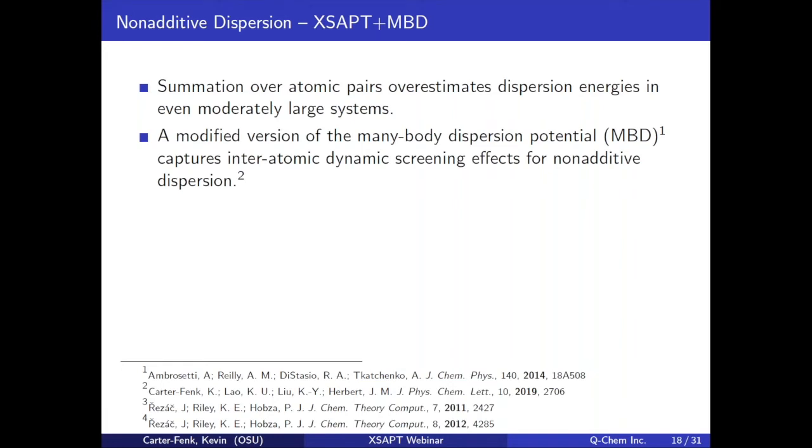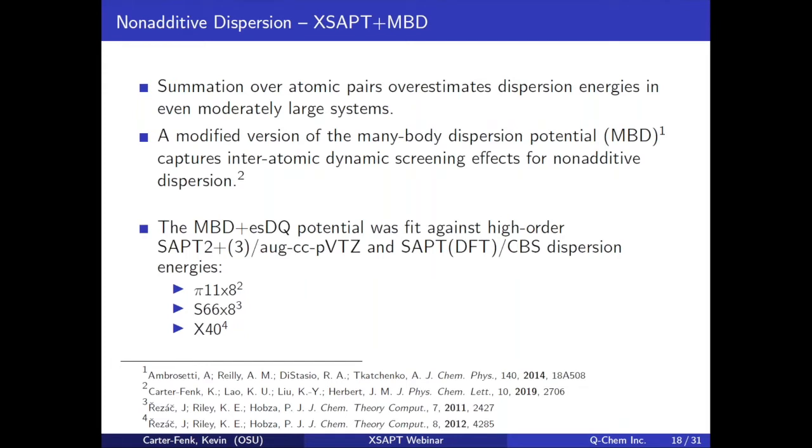And what we have done recently is we've introduced a modified version of the many-body dispersion potential of Tkatchenko and coworkers to capture dynamic screening of the dispersion interaction at short range, to engender our dispersion correction in SAPT with non-additive dispersion effects.